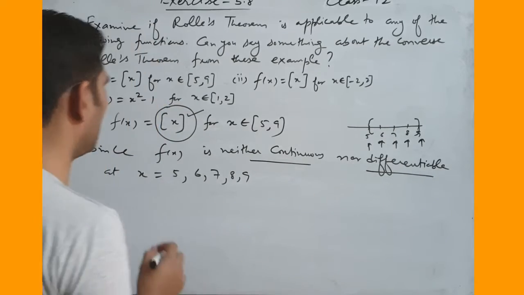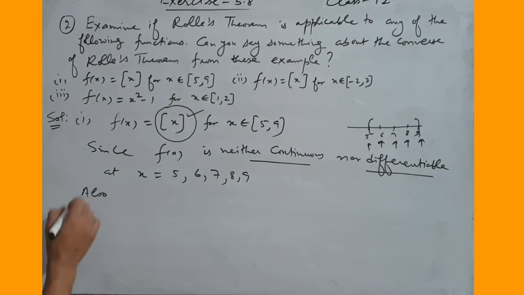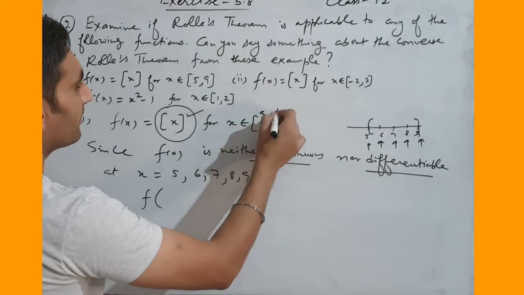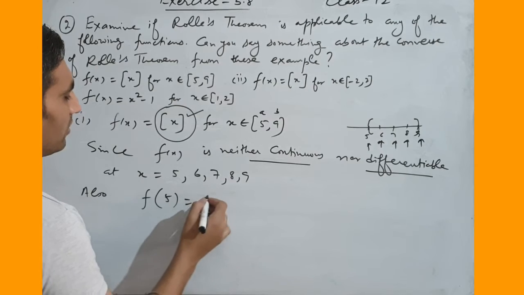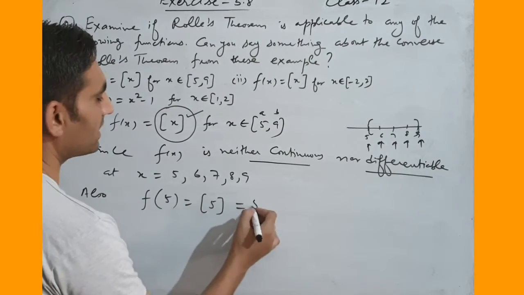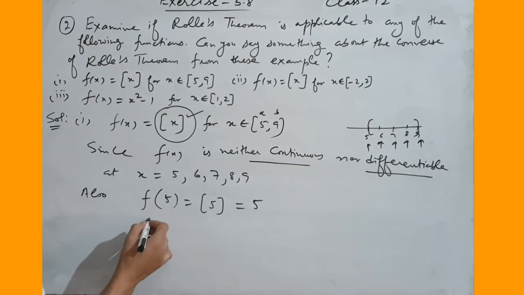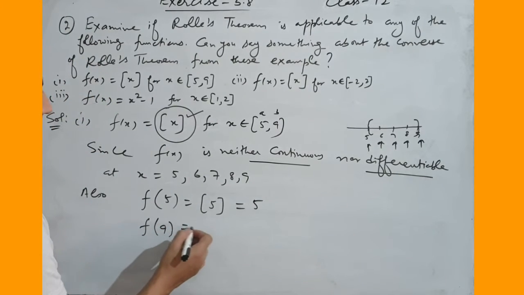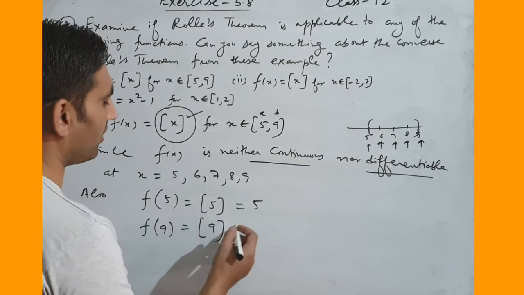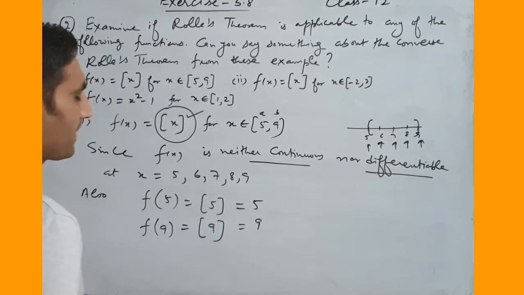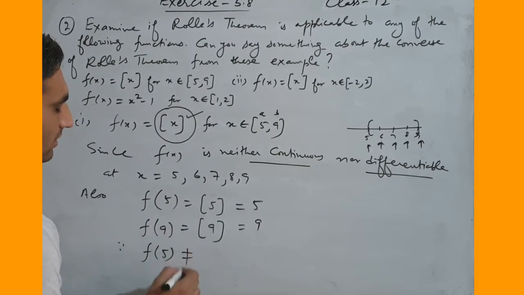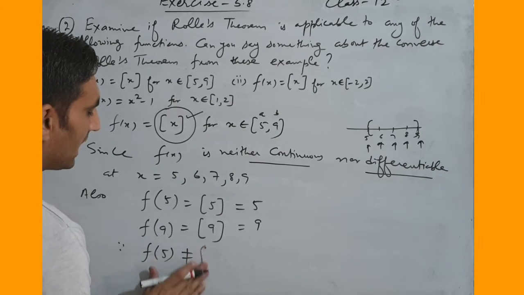Now the third condition is f(a) and f(b). So we have to write f(a); what is a? 5. So you have the greatest integer of 5, so that is 5. Then f at 9, you have to write 9 in this bracket, or the greatest integer of 9, that is 9. So you have this type of relationship.